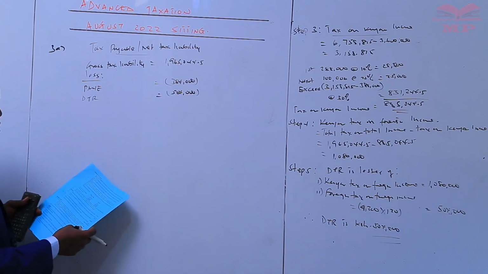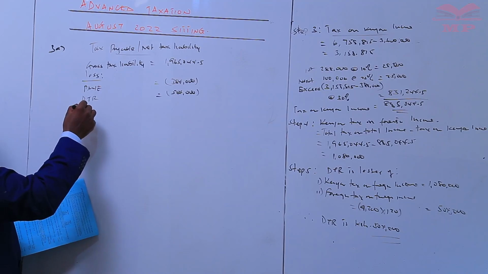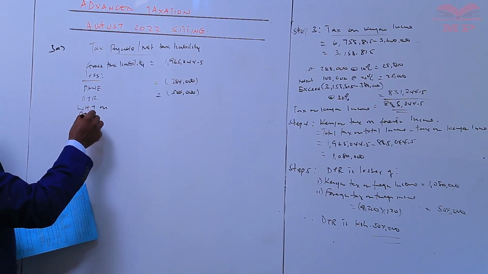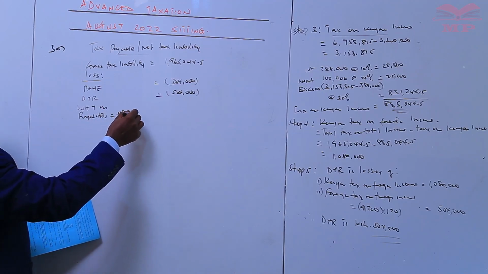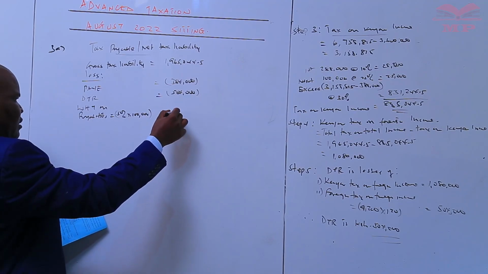Then we have the withholding tax paid on royalties, which is 5% of 100,000. The gross amount we got to be 100,000. That is 5,000.